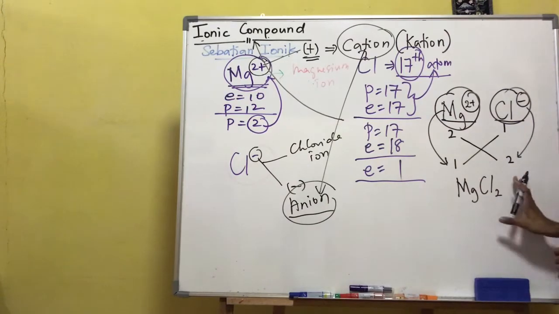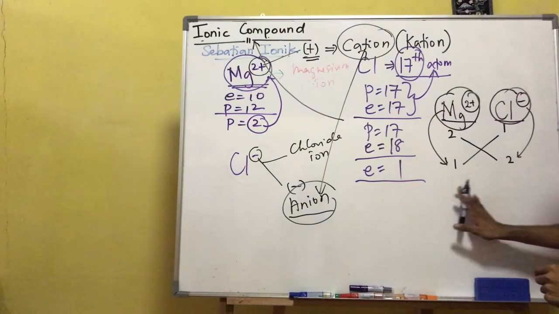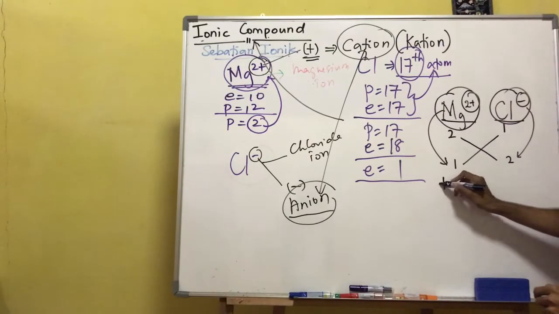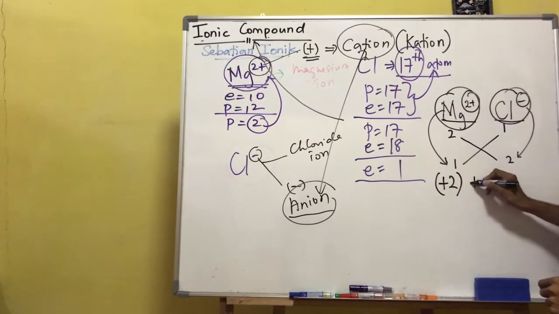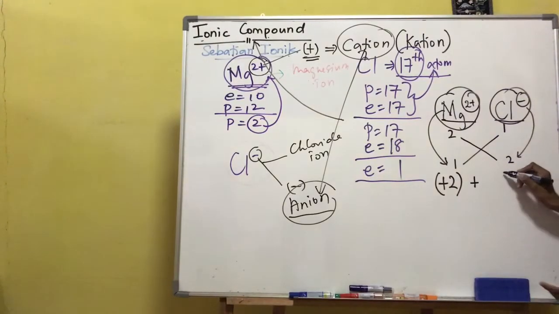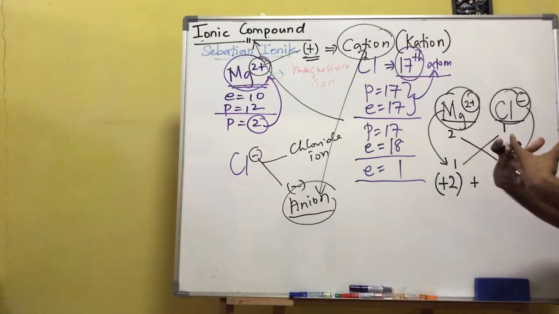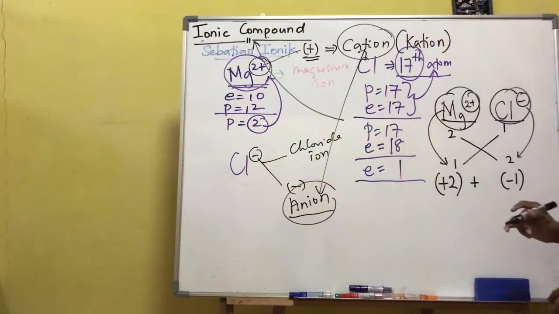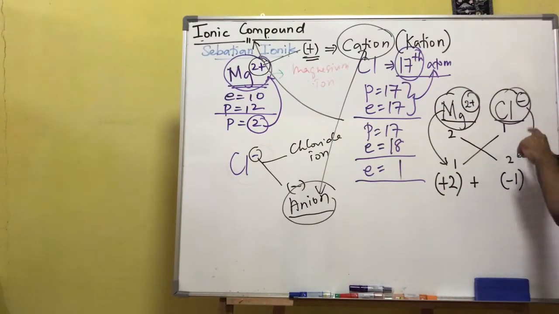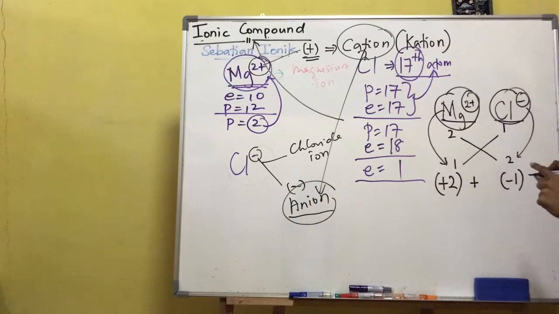Okay, now we have positive 2, right? Put a bracket. We need to add it with something that we don't know, but times negative 1. When both are cancelling each other, the result is that there is no charge left. So maksudnya, meaning that the total charge would be 0.